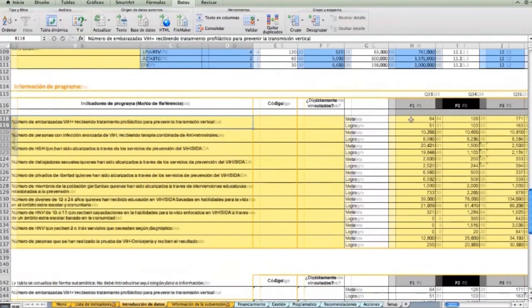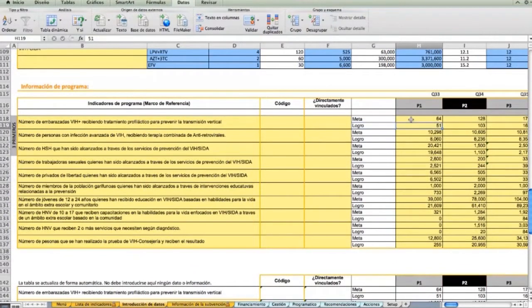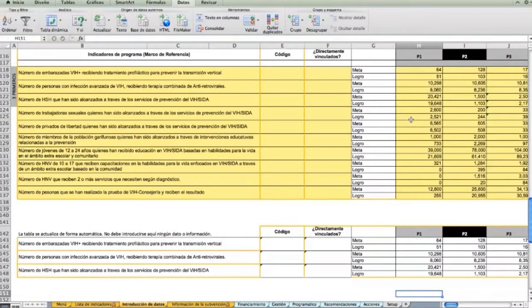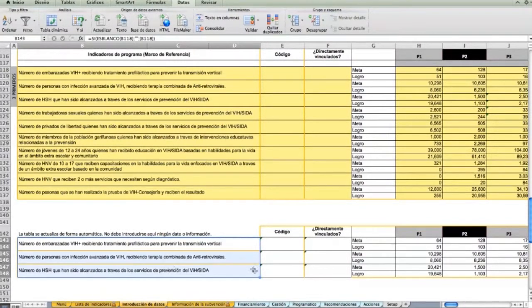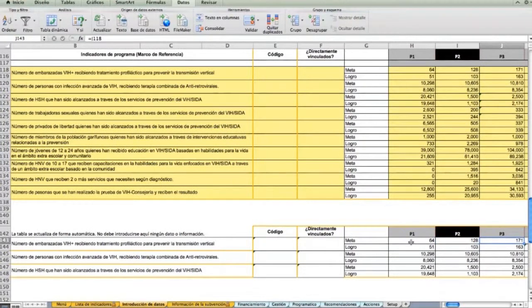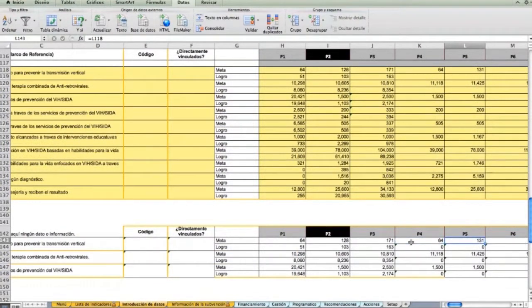There's a line to input the performance achievements to date in the period that we are monitoring. This must be done in such a way that each indicator will have a target and an outcome per period. When we finish inputting the 10 indicators, the information about the 3 major indicators as well as the part about the target and outcomes will automatically appear in the bottom box.